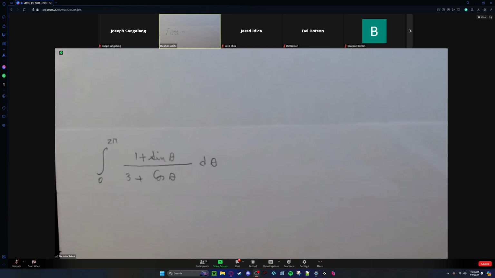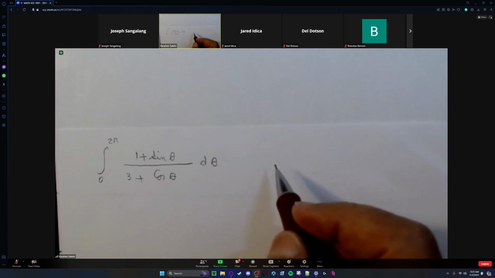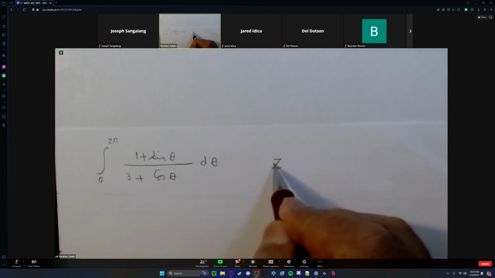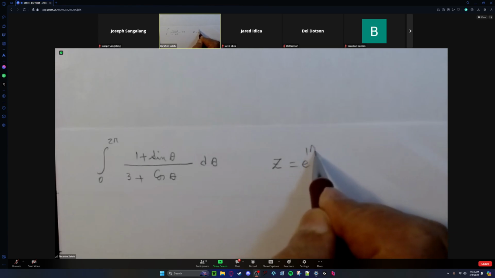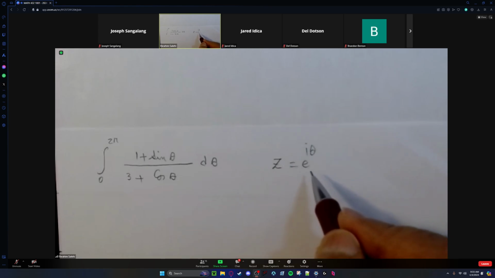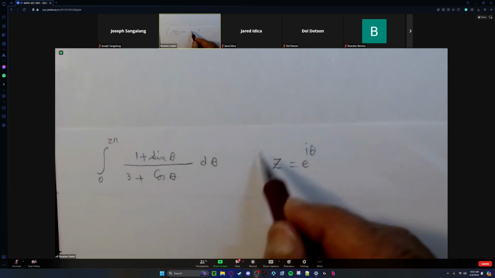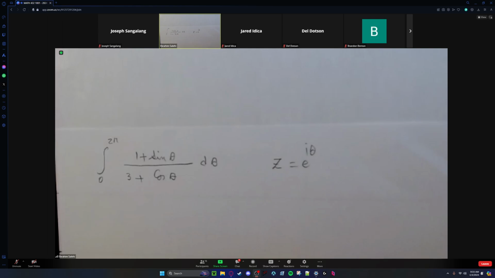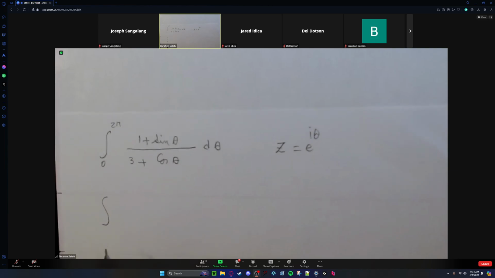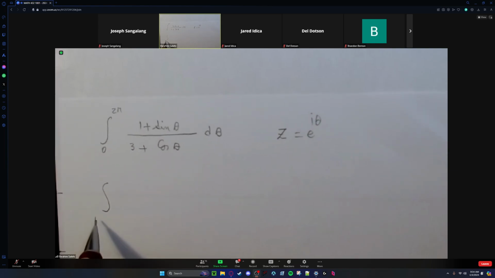Remember, we are going to convert this to an integral over the unit circle. By this change of variable, z equals e to the i theta, when theta goes from 0 to 2 pi, z will cover the whole unit circle. But in the process, this becomes the integration over the unit circle.